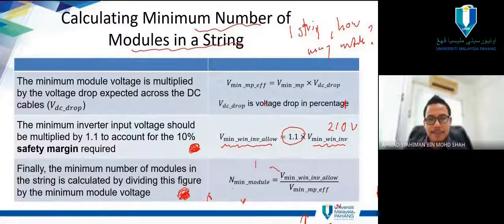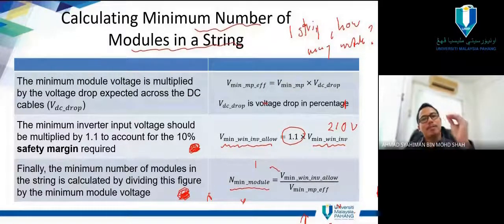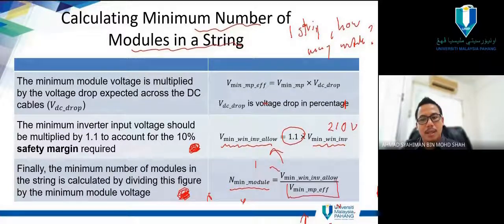N min module, the minimum number of modules in one string connected to that inverter, is equal to the Vmin inverter allow yang atas ni, bahagi dengan Vmin MP effective. Vmin MP effective. What is that?